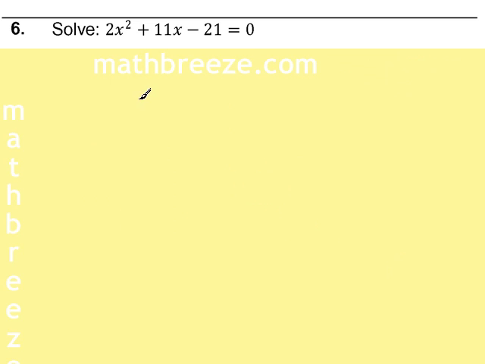In number 6, we're going to factor using reverse FOIL. First times first will be 2x times x. C is negative, so signs are different. We'll try 7 times 3. We want to get 11x in the middle, so I'm going to put the 7 here and the 3 here. Check the middle term.